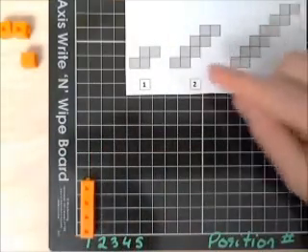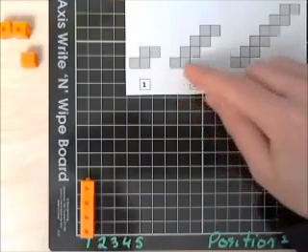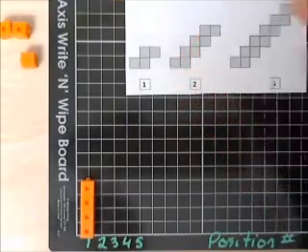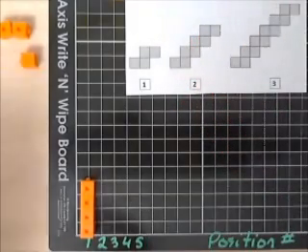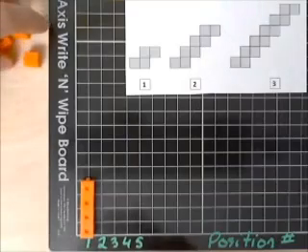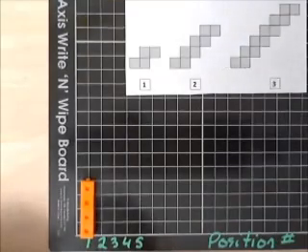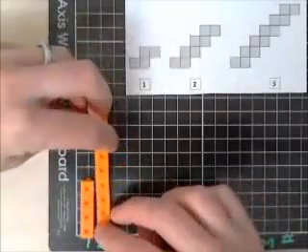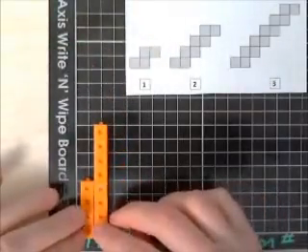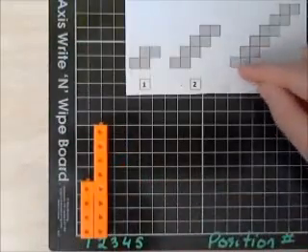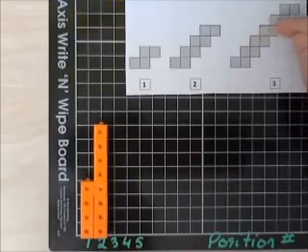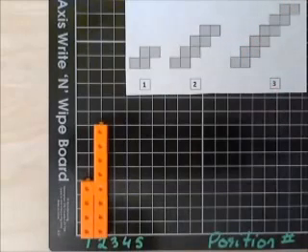And let's see, position number 2, I will have 1, 2, 3, 4, 5, 6, 7, 8 tiles. Let's stack them up. Position number 2. Position number 3, let's count them up. 1, 2, 3, 4, 5, 6, 7, 8, 9, 10, 11, 12 tiles. So 4, 8, 12 right there.